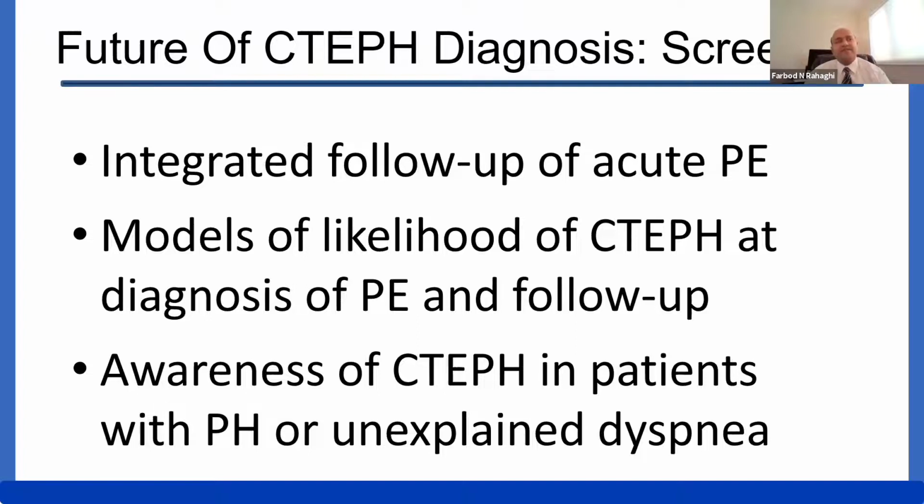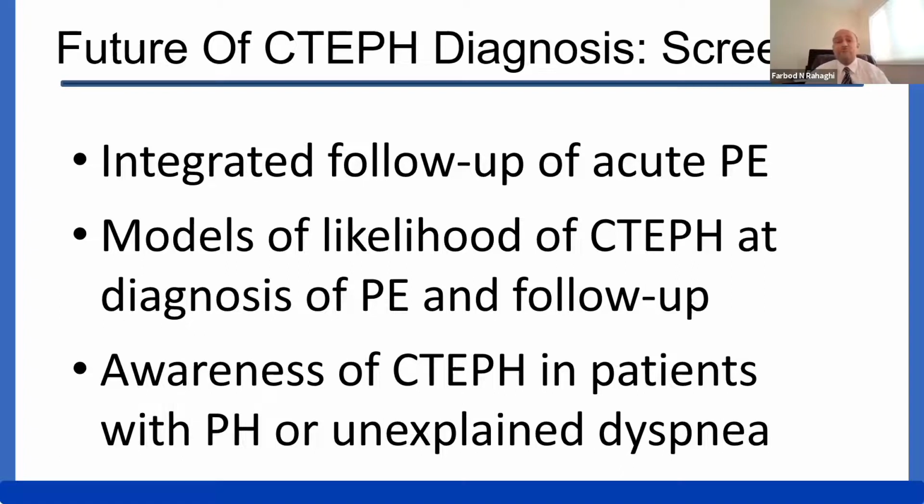And so there's a significant amount of effort by groups both in Europe and the US to try to figure out when a patient presents with acute PE, what features about their imaging or about their clinical history can tell us whether they're likely to develop CTEPH.